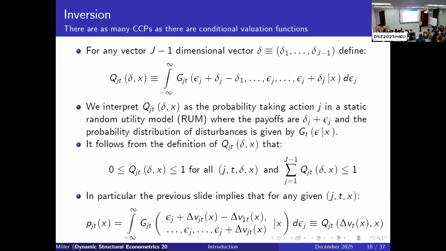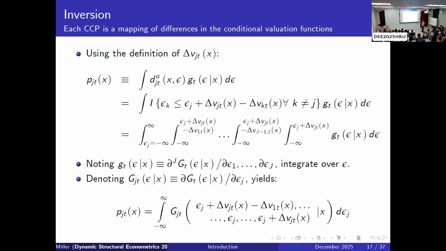We can interpret this as the probability of taking action J in a static random utility model where the payoffs are delta J plus epsilon J. Okay. Because really what you're doing is instead of putting delta V's and things, you're just putting in deltas.